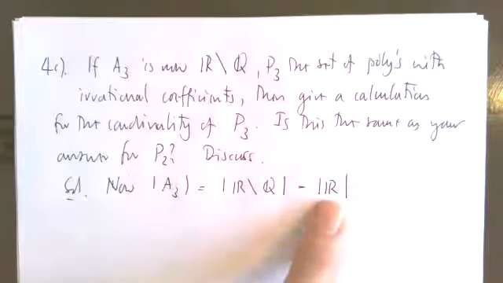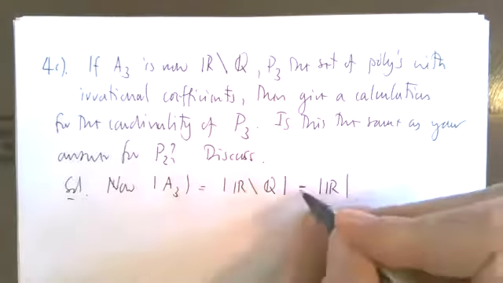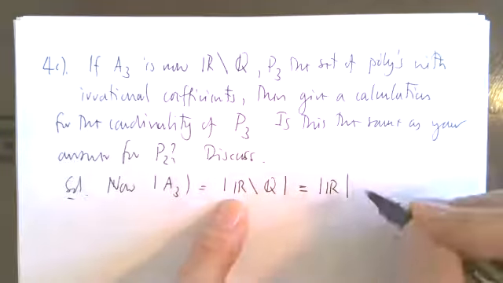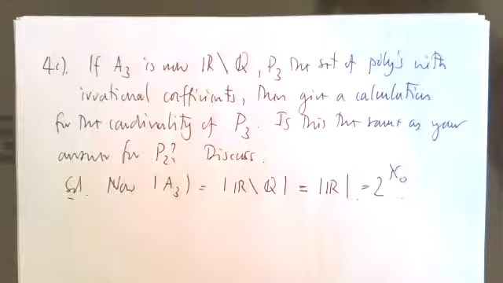This is an uncountable set. If I subtract a countable set from an uncountable set, I still have an uncountable set. So these cardinalities are the same, and that cardinality is 2 to the Aleph 0. Right? Here.